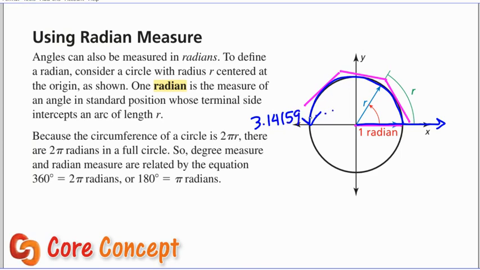You get the idea. That number is pi. So halfway around the circle is pi. A full all the way around the circle is 2 pi.